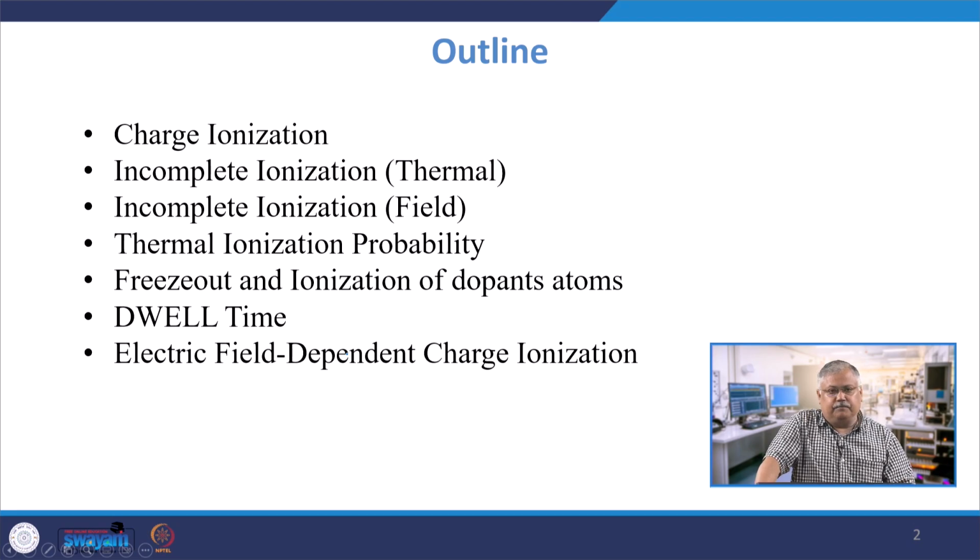So, primarily the motivation of this lecture is to give you an idea: if devices which are kept at cryo, at very ultra low temperatures, behave in a manner that there are no charge carriers available for transportation, then how does it influence the overall characteristics of the device?